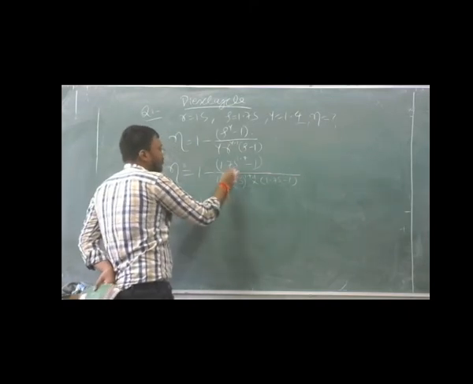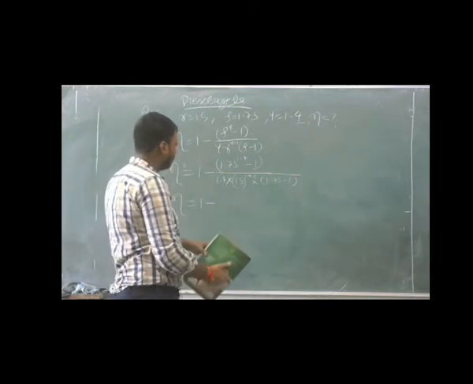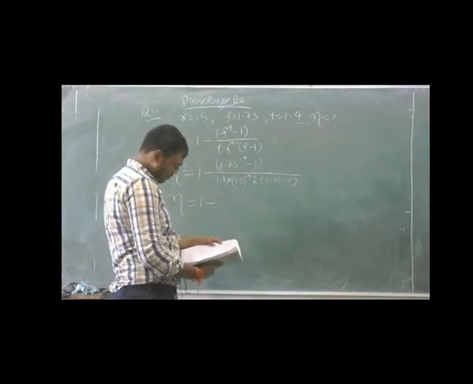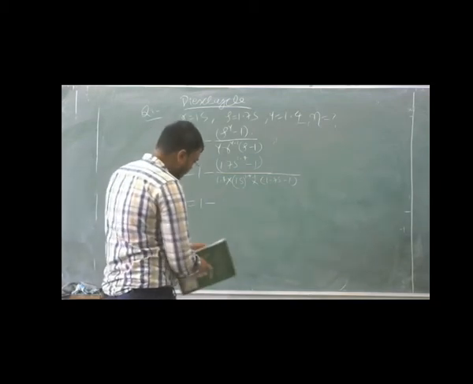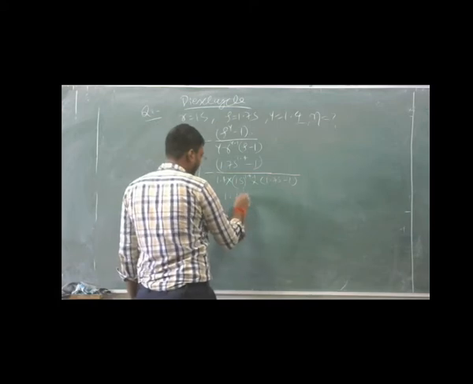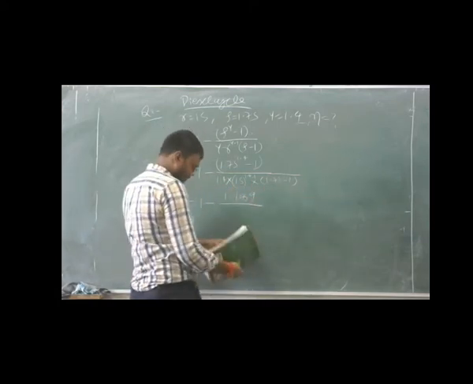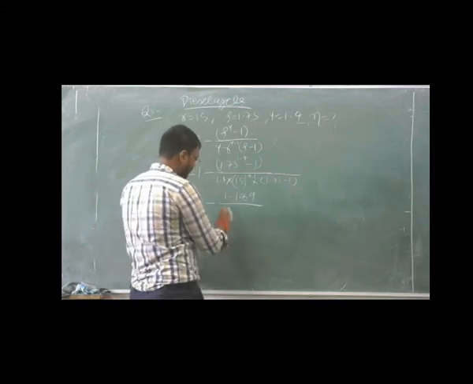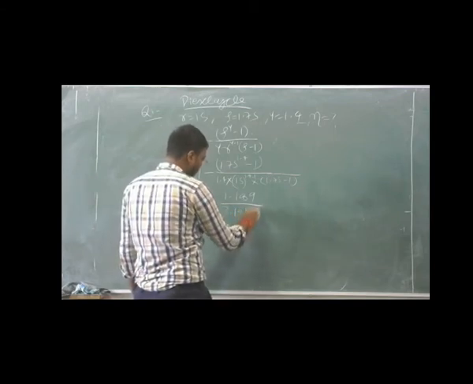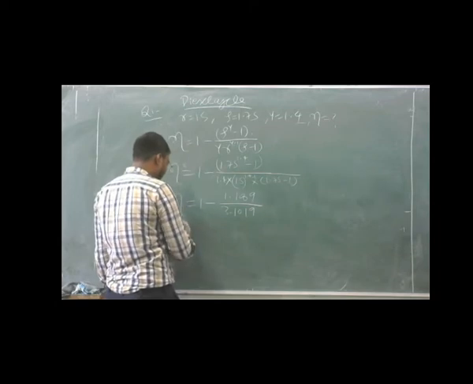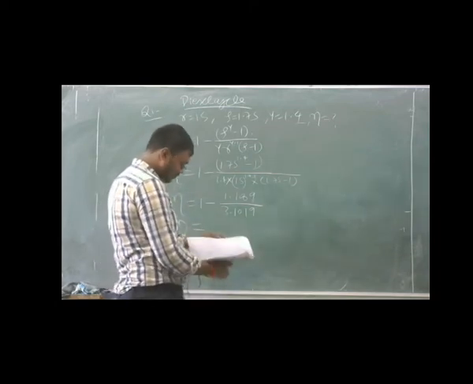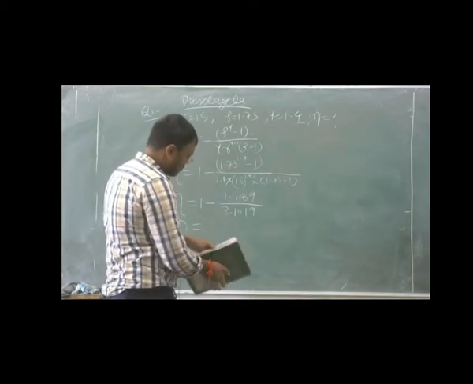So if you calculate this value, you will get 1.8189, and this value if you calculate by calculator, you will get 3.1019. After calculating, you will get the value equal to 0.6166.